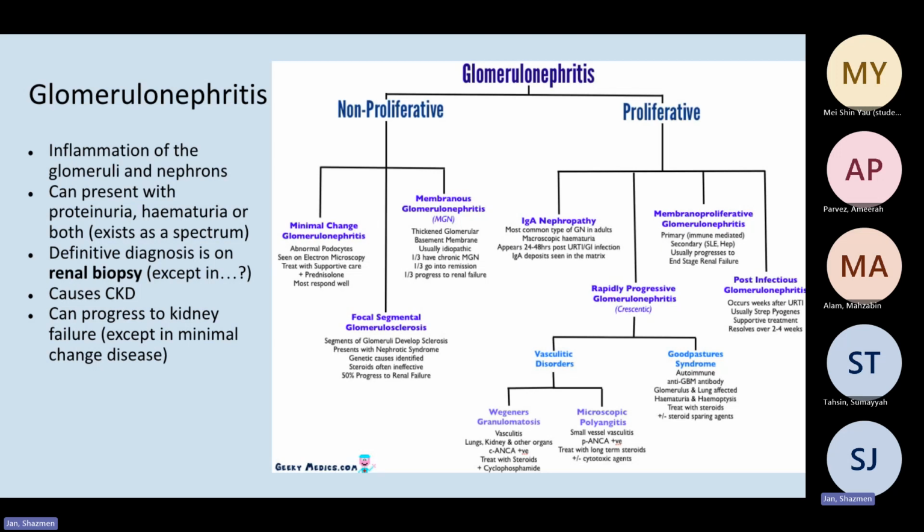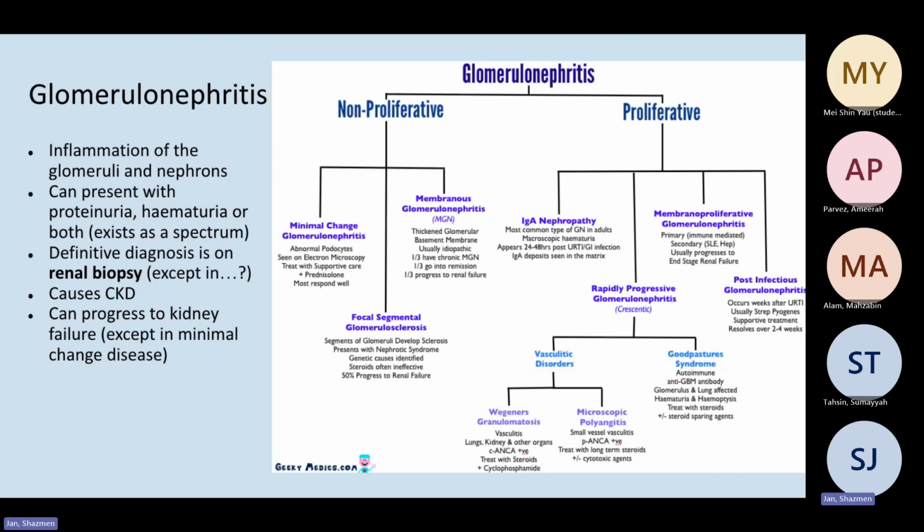So we'll give the patient steroids, and if they stabilize and the condition improves, then we'll assume that it was due to minimal change disease. The reason that we avoid a renal biopsy is because it's quite invasive, and you don't really see much on the renal biopsy. So that's why we won't do it in minimal change disease.